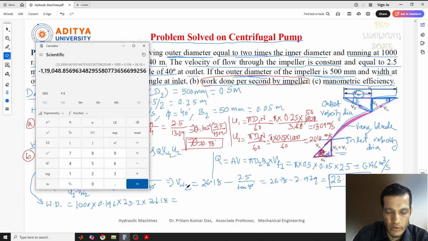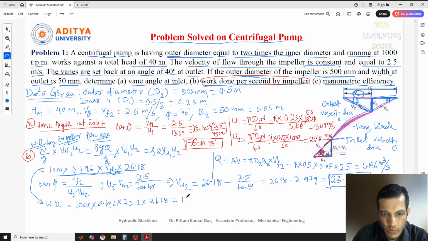Anyway, what value we got here, same thing we'll write here, that is nothing but 1,19,048. So this is the value of work done per second by the impeller on water. And this you can write, this is Newton meter per second.